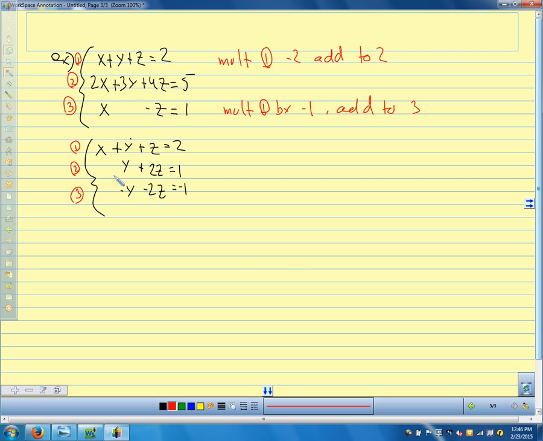All right, so now I want to get rid of, did I make an arithmetic error here? Negative y minus 2z, no, we're good.